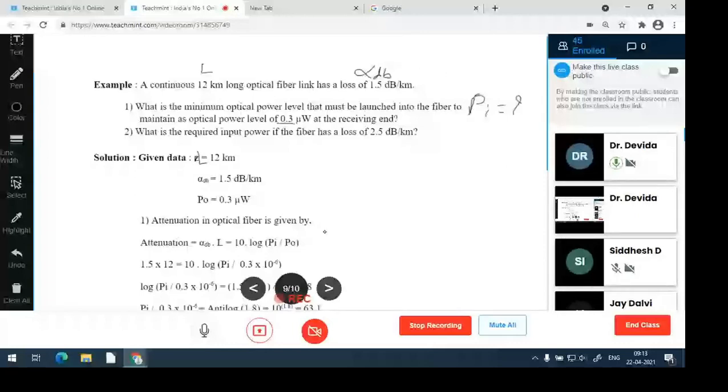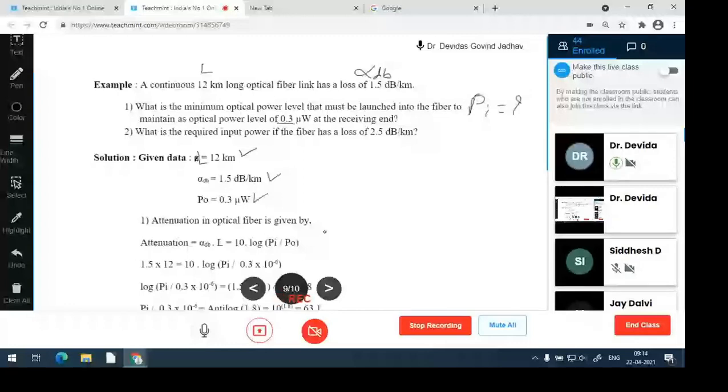L is given, 12 kilometer. Alpha dB is given, 1.5 dB per kilometer. Po is given, 0.3 microwatt. Attenuation in the fiber is given by attenuation equal to alpha dB into L equals 10 log of Pi upon Po.